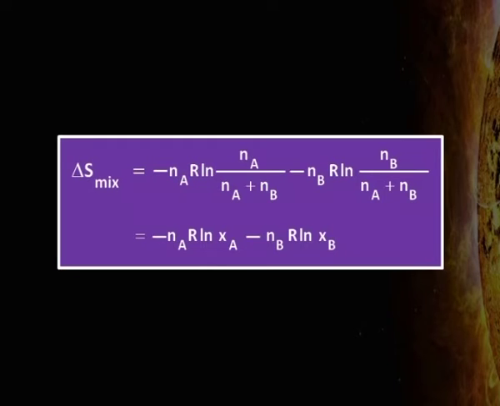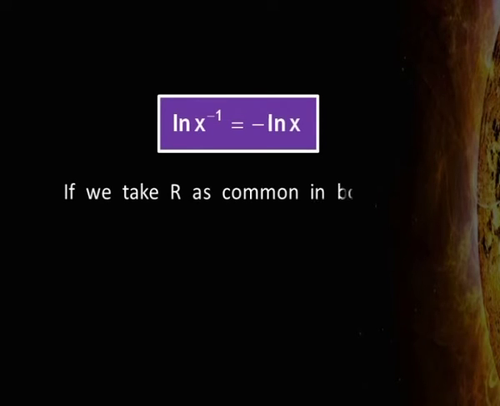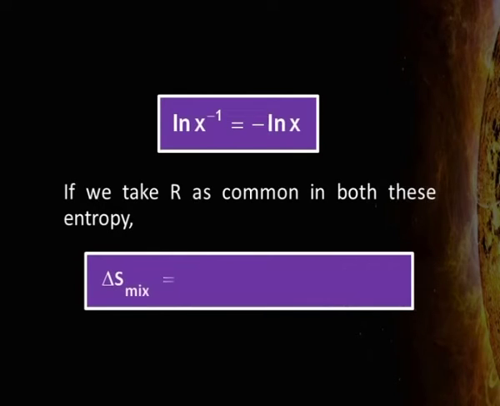This we can obtain because natural log of 1 upon x will be equal to minus natural log of x. In this equation, Xa is the mole fraction of the gas A and Xb is the mole fraction of the gas B. Now, if we take R as common in both these entropies, we will get delta S mixing equal to minus R multiplied by (Na natural log Xa plus Nb natural log Xb).